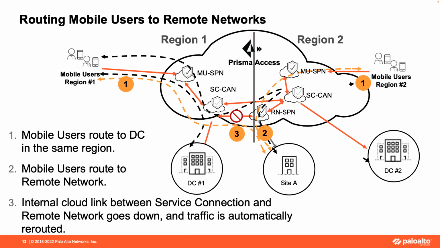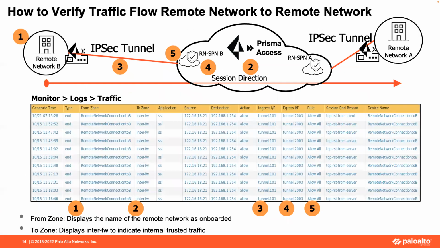This means that the traffic logs that you're used to looking at with an on-premise firewall with a bunch of different security zones, they look a little bit different when we talk about Prisma Access. And I want to look at this. So this is an example of traffic logs.